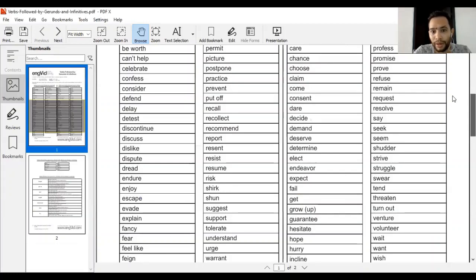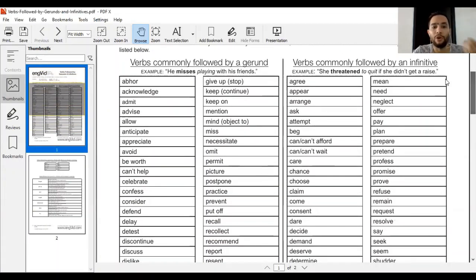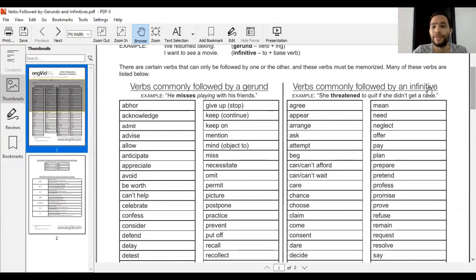Let's scroll back up. Here it is. All right. Those were the verbs of the first group, right? Of the ing group or the gerund group. Now let's go to the verbs with the infinitive, right? So the infinitive group of verbs.